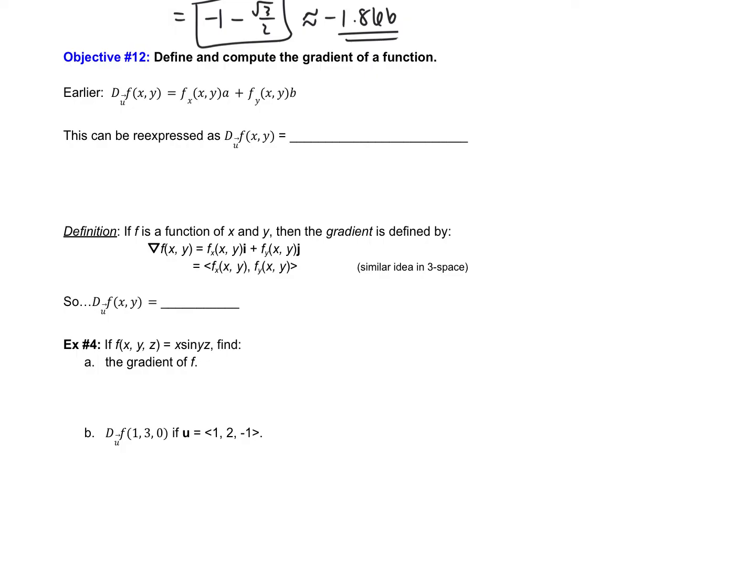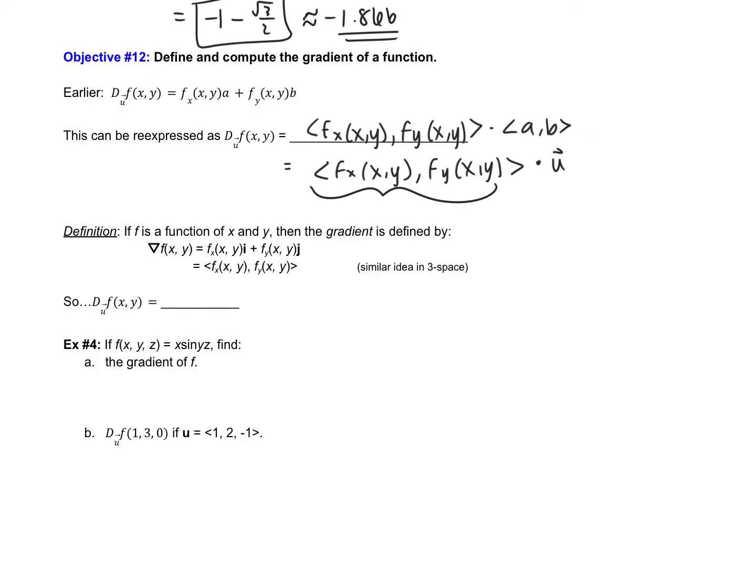So we can re-express that directional derivative as the dot product of the two partials dotted with that unit vector. Another way to write that is, again, those partials dotted with our unit vector u. This part right here, those partials, is called the gradient.